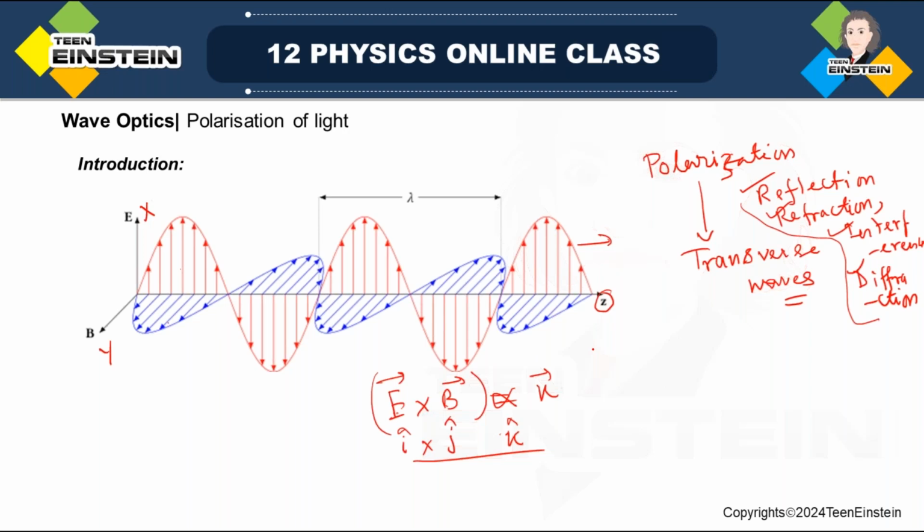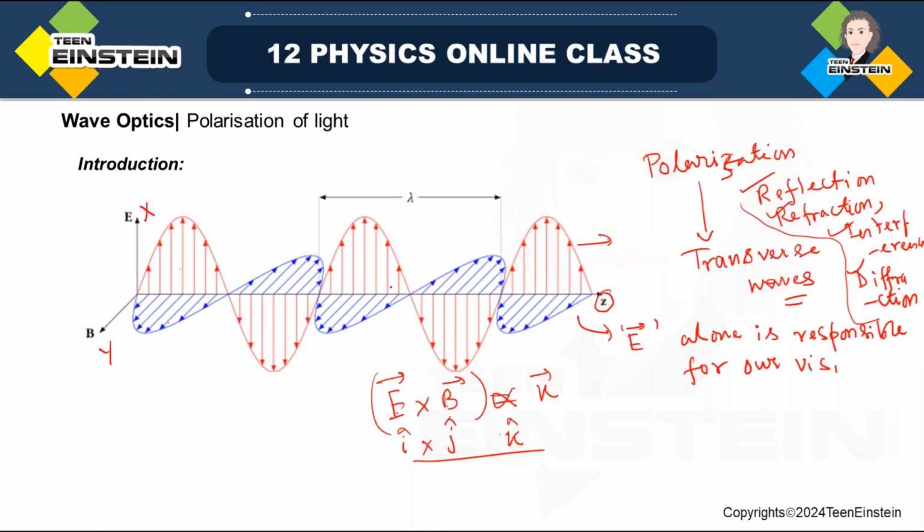Now one more good piece of information: among this electromagnetic wave, the electric field vector alone is responsible for our vision. This is very important. We see light, isn't it?